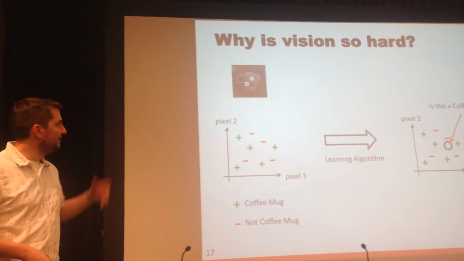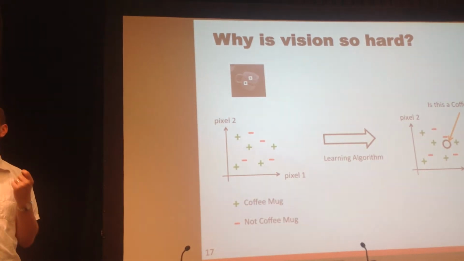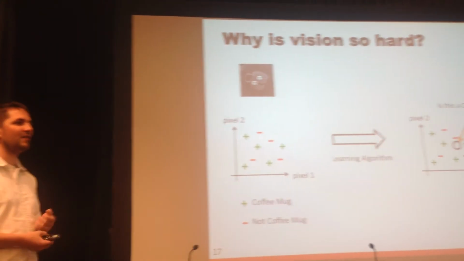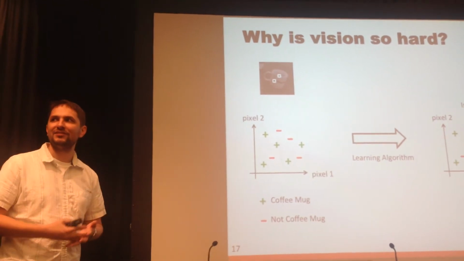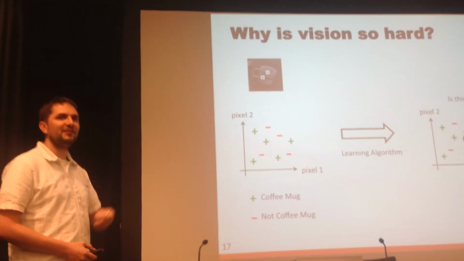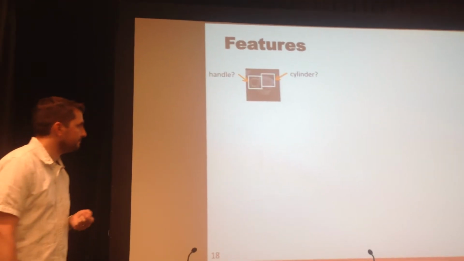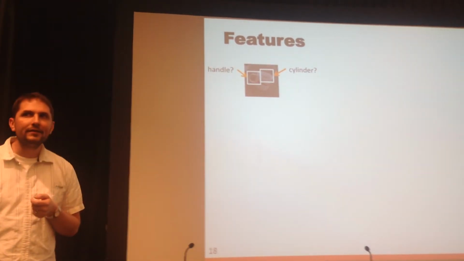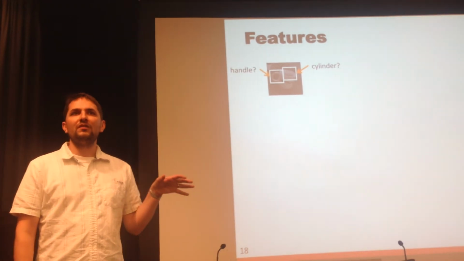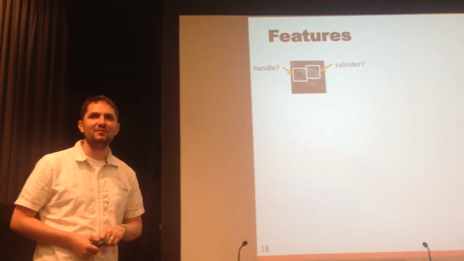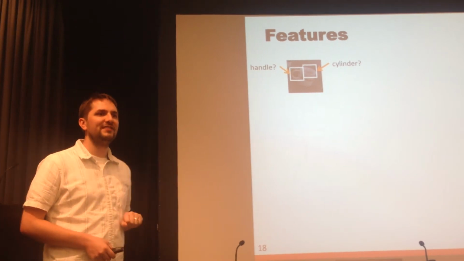So this is really a key problem in machine learning: these 2 pixels are a terrible way to represent an image, let alone coffee mugs. If I just wanted to describe the whole image, this would be a very bad way to do it. On the other hand, let's suppose that a very talented engineer comes by and gives you 2 detectors.